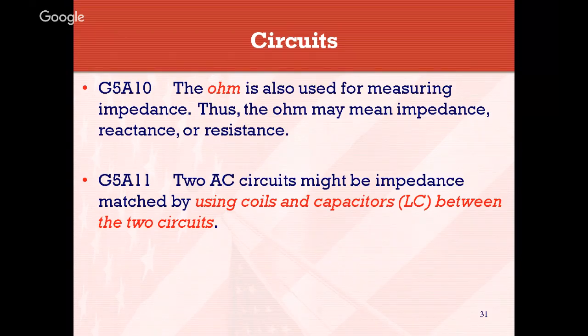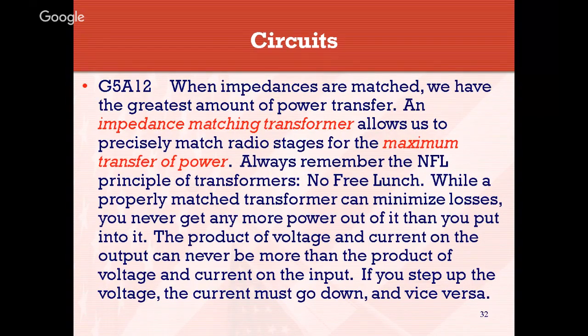This is known as an LC circuit. When impedances are matched, we have the greatest amount of power transfer. An impedance matching transformer allows us to precisely match radio stages for the maximum transfer of power.